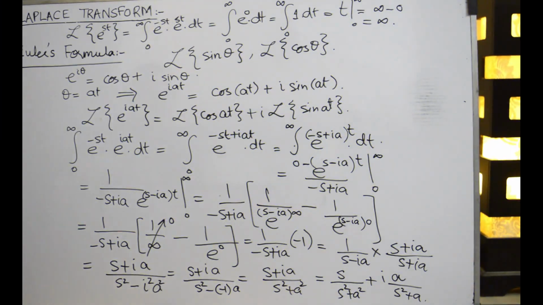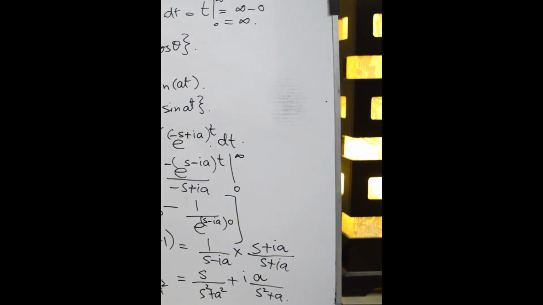Your real part represents the Laplace transform of cos of at, and the imaginary part represents the Laplace transform of sine of at.